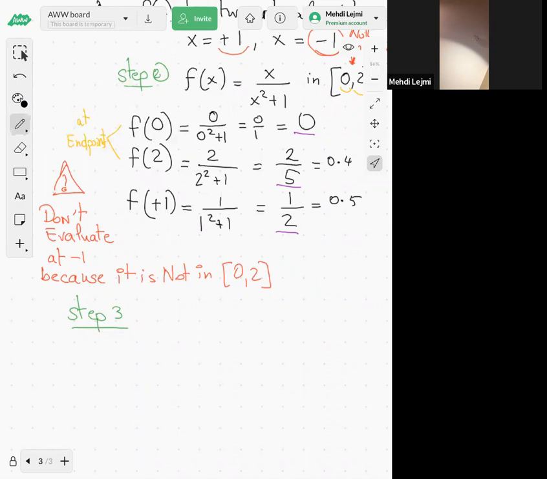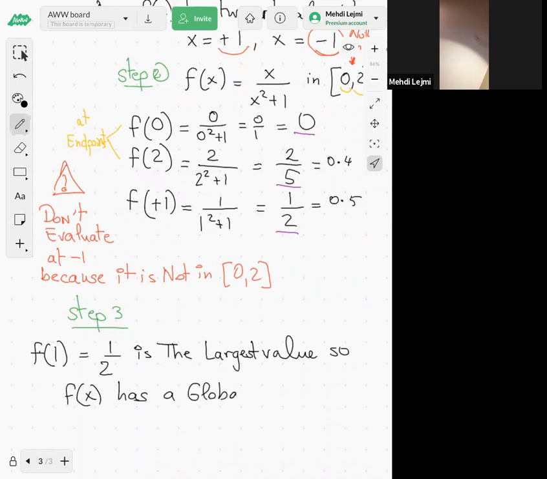So f of 1 equal to half is the largest value. So f of x has a global maximum at x equal to 1 in the interval 0, 2, of course.